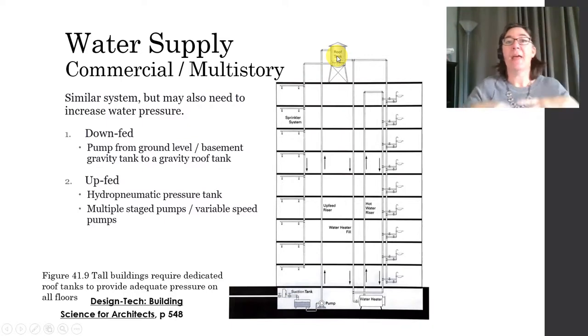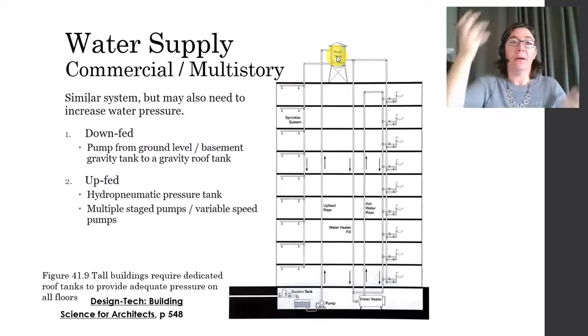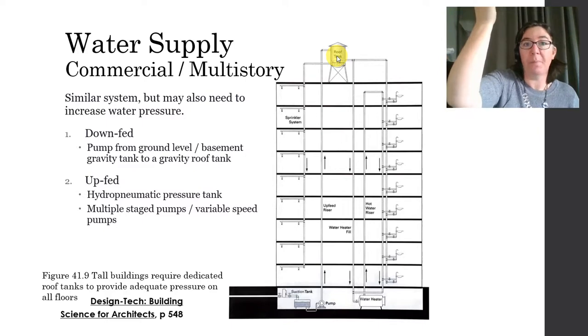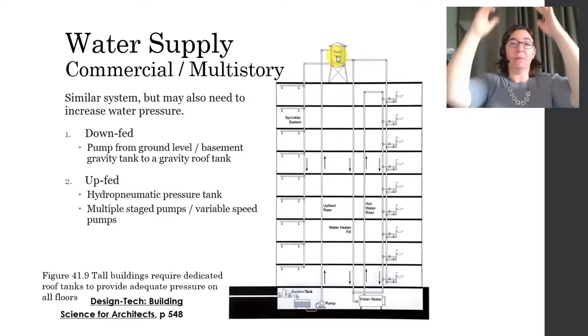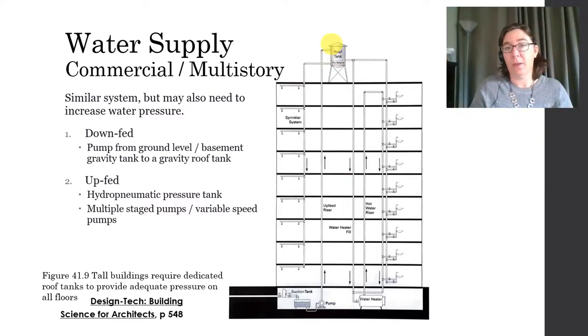Then the fixtures are fed from there. The pressure comes from the roof, and everything is fed moving downwards. This cold water system would provide water to all of these fixtures on the different floors.